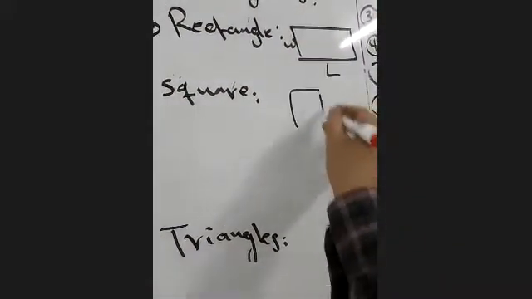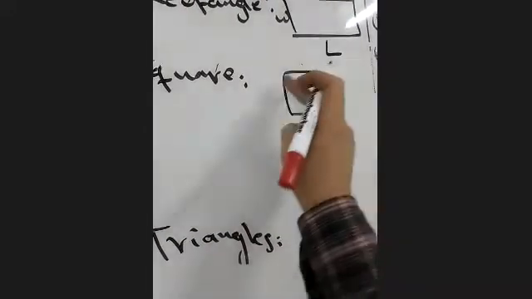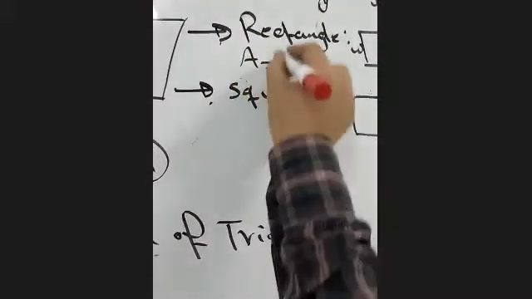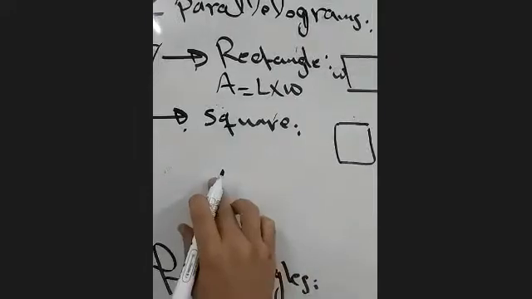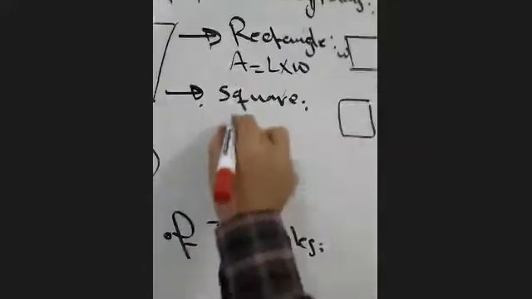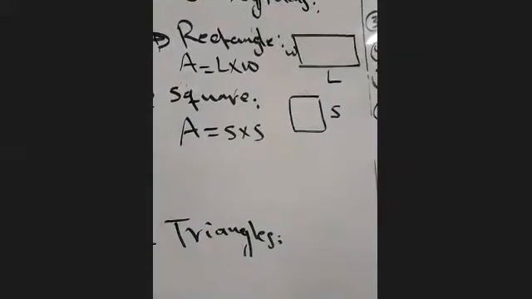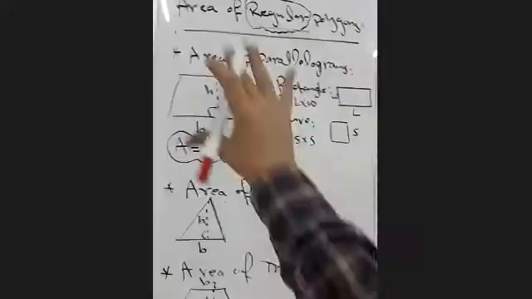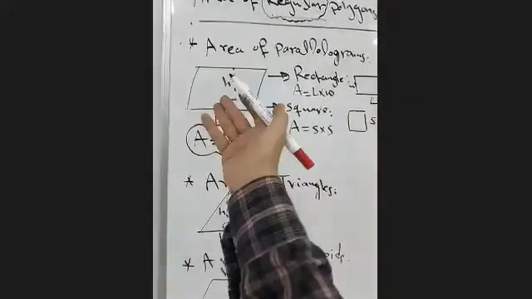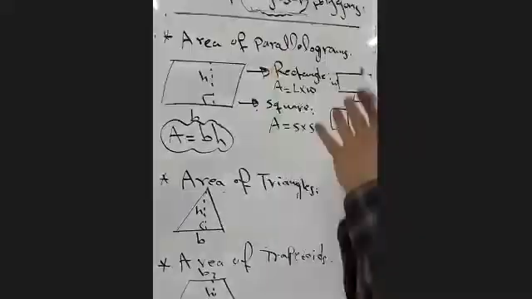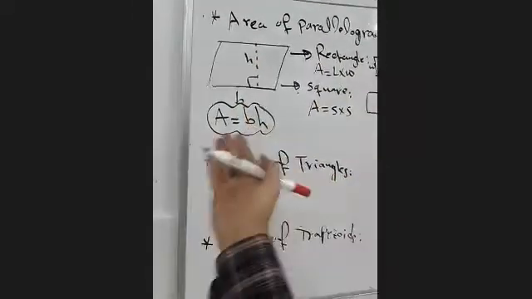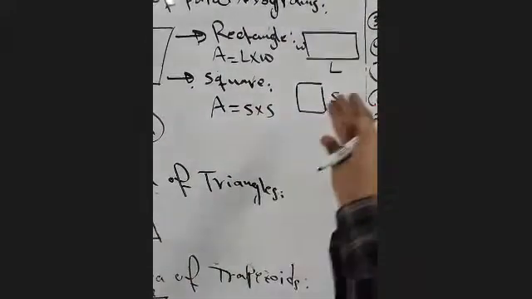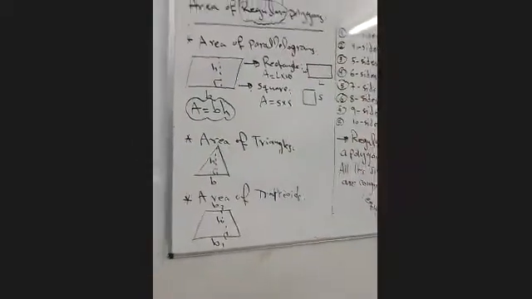The square has S, the side length. All 4 sides are equal. The area of the rectangle is length multiplied by width. Don't forget that. The area of the square is S multiplied by S. So all of them are parallelograms. If it's a parallelogram, BH. If it's a rectangle, length by width. If it's a square, S by S. S is the side length.